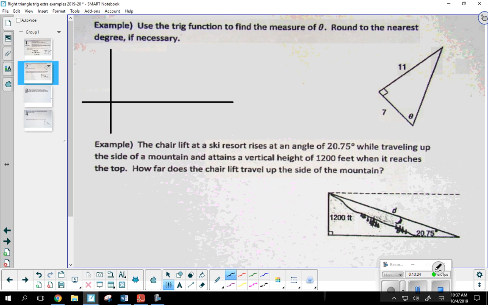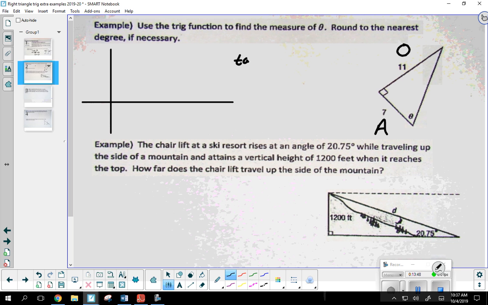Use the trig function to find the measure of theta, round to the nearest degree if necessary. So where theta is placed in this triangle, Noe, what would 11 represent? That's the opposite, so I'll put O. Natalia, what's the 7? That would be the adjacent. So Andrew, what trig function uses opposite and adjacent? Tangent.